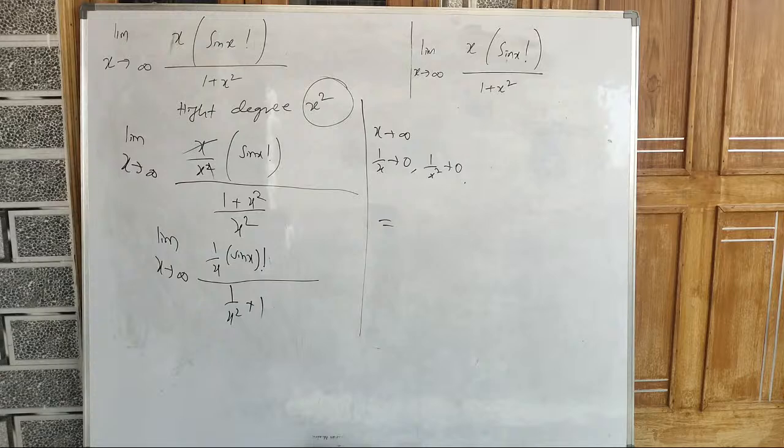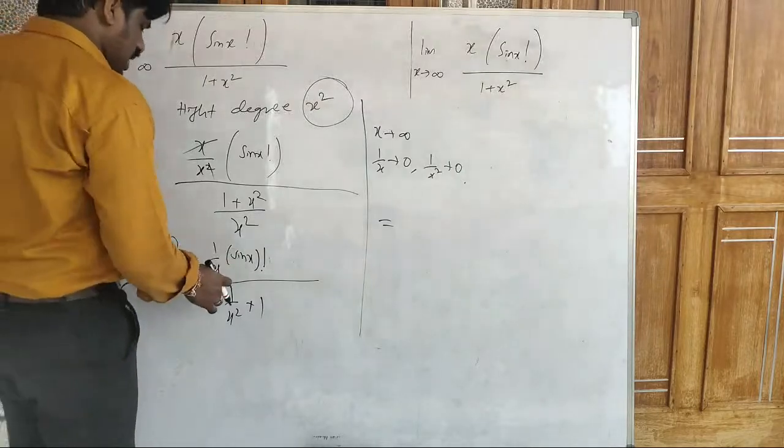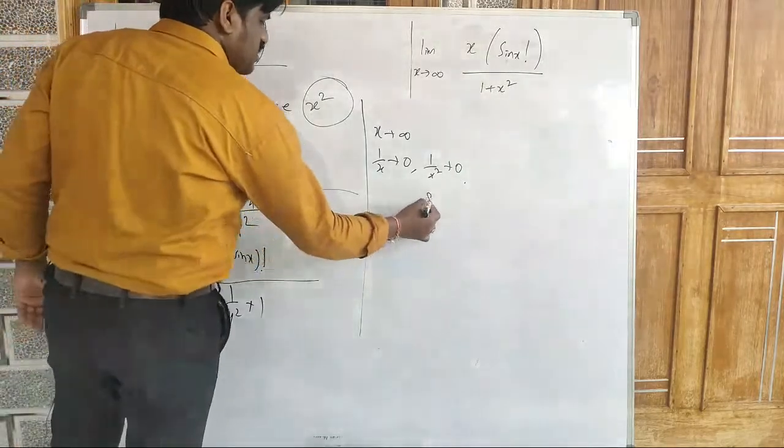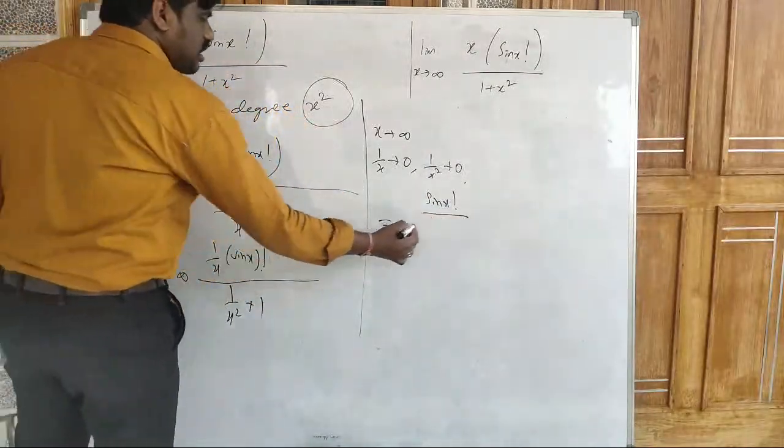What is the answer? Is DNE the answer? Zero. Okay. See here, I am going to get sin x divided by 0.